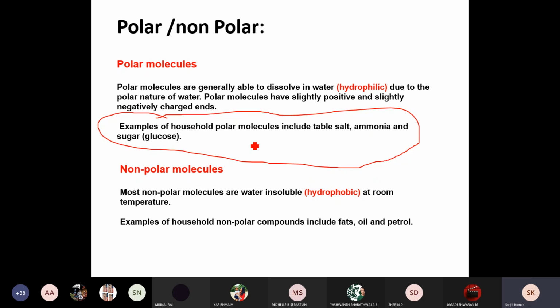Just try to understand, if some molecule is polar in nature, it means it is hydrophilic in nature, it will like water and has a good friendship with water. And non-polar molecules are hydrophobic in nature. In the last class I discussed a little bit about serine and valine or alanine.